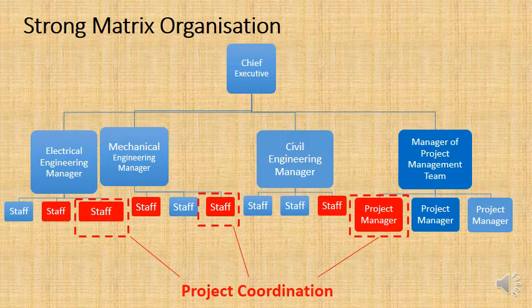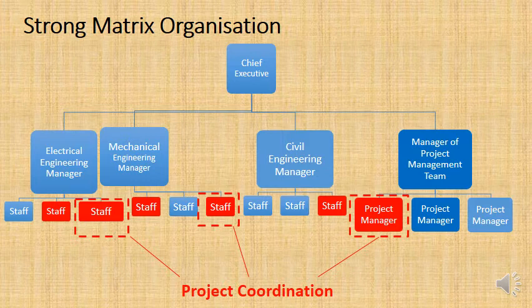Now, this is a fantastic way of doing a project, because now the project manager, he's not biased. He's not a mechanical engineer, he's not a civil engineer, he's not an electrical engineer, although he may have an engineering background.